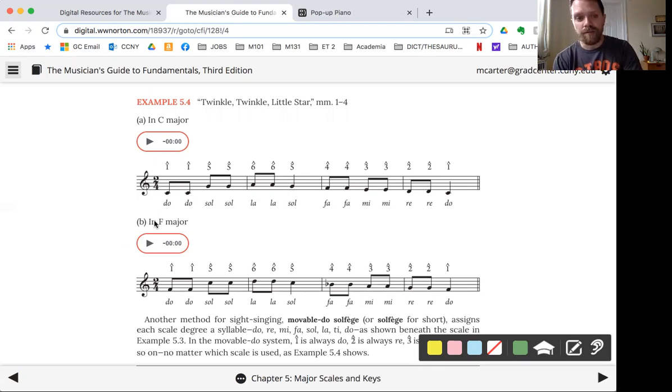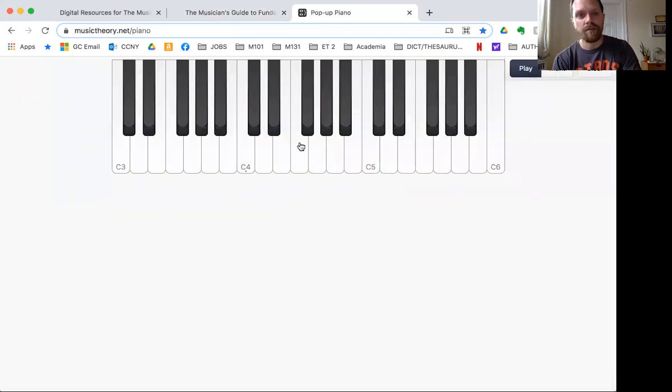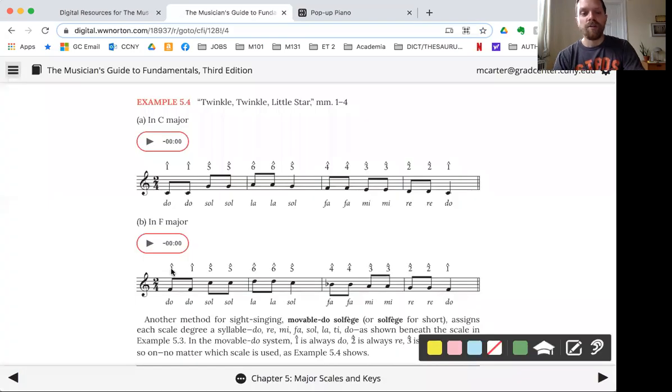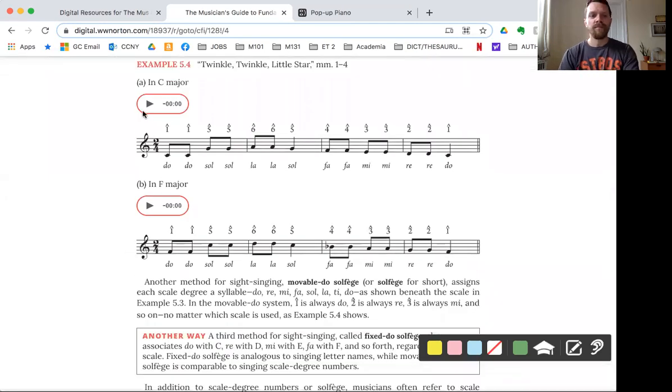Now F major. Twinkle. All right, so now I'll sing the same numbers. 1 1 5 5 6 6 5, 4 4 3 3 2 2 1. Oh, I forgot I could just play this.